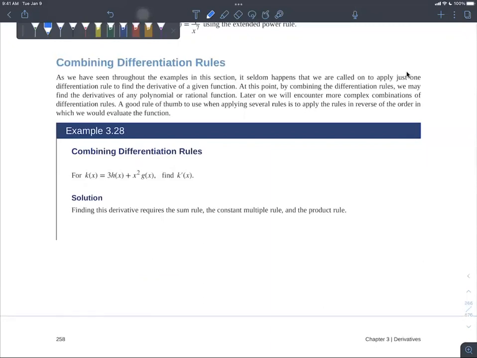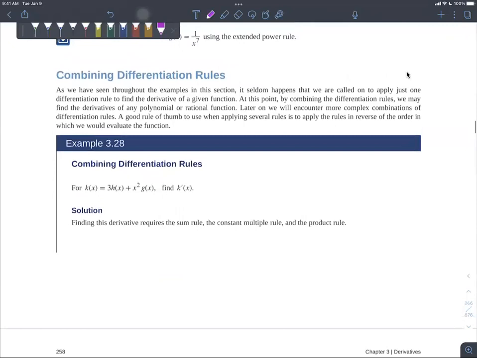So we want to find the derivative of k of x. We're told that k of x is a somewhat complicated function here. It is the sum of 3 times h of x and x squared times g of x.